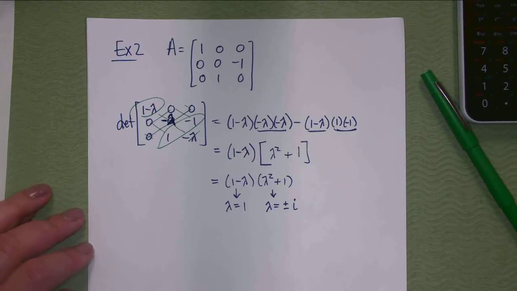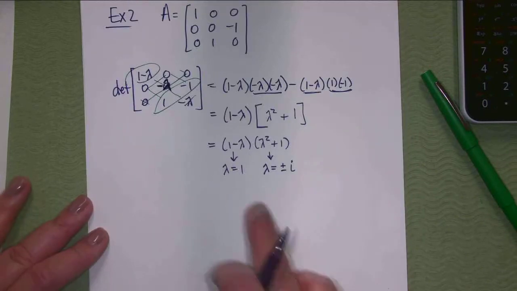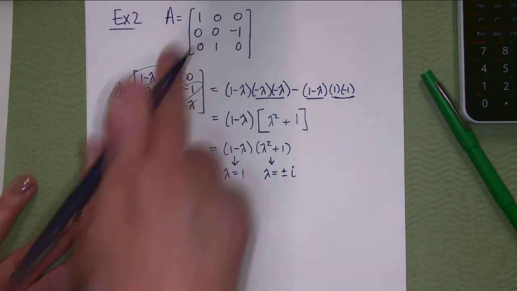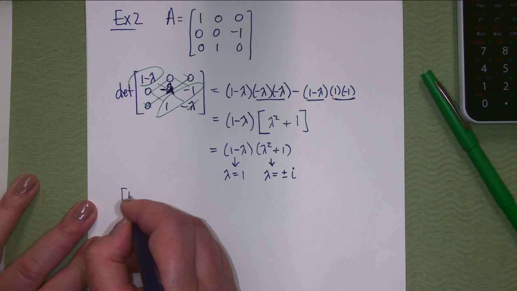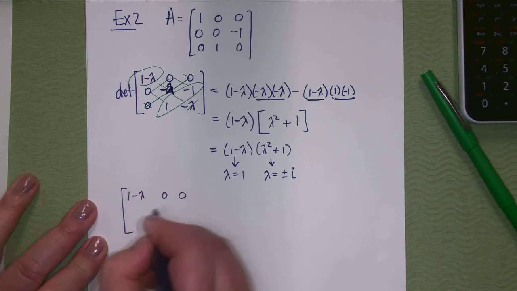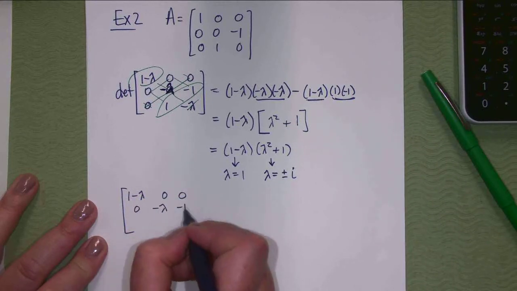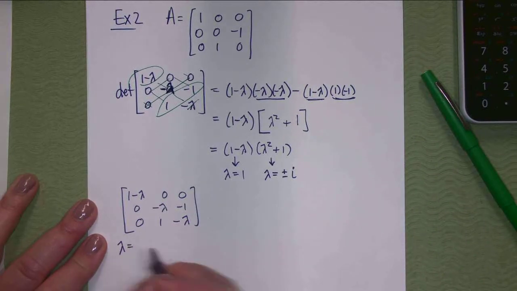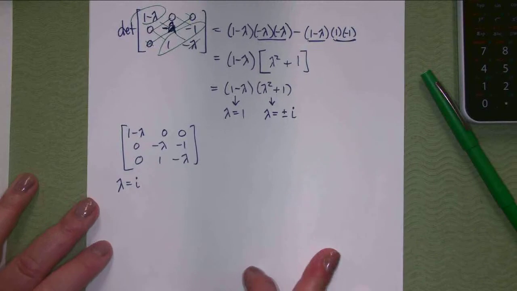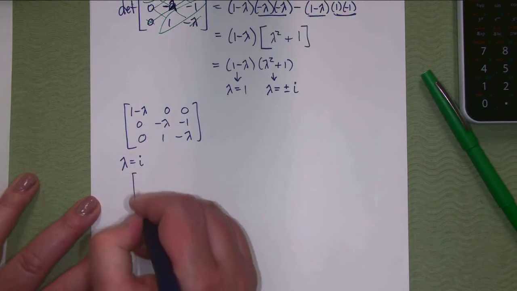So let's do the eigenvectors for one of the i ones. Okay? This one will be, I mean, they're all pretty easy. There's tons of zeros up here. I'm just going to rewrite this without all the lines on it. So if we plugged in lambda is i. So 1 minus i.